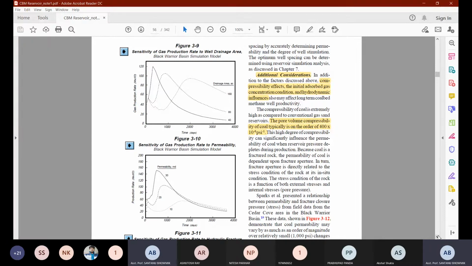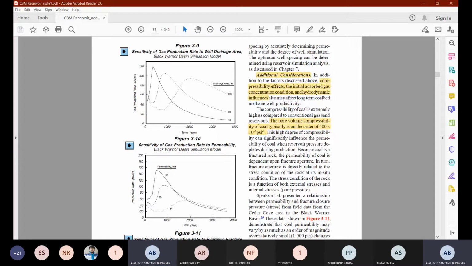Similarly, if you increase the permeability, what is going to happen? In the second case, the 20 millidarcy case, you can see that it is going to increase a little bit, and then again reduce, and then again increase.